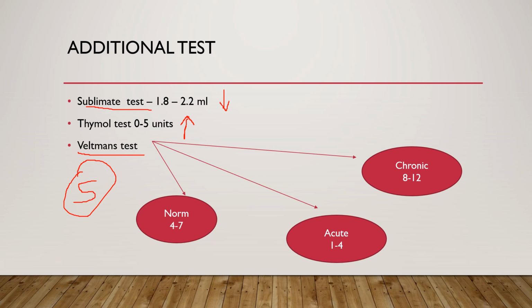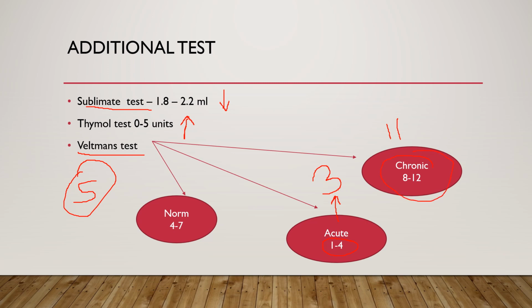But if on analysis you see that the test tube result is 3, a value between 1 and 4, we can say this is the indication of acute inflammation. In the same way, if you see the Weltman test at test tube 11, then we can say it is the condition of chronic inflammation.